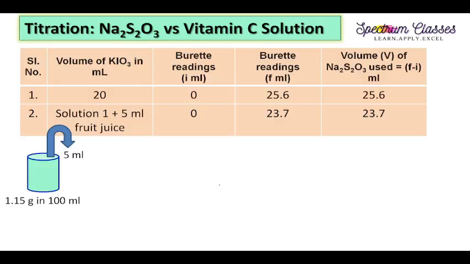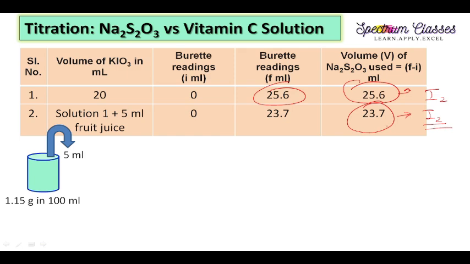I'm just going to show you here. In the first case, we have this much volume of sodium thiosulfate required to react with the iodine present in equation number 1. But in the second case, we require a smaller amount of sodium thiosulfate to react with the present iodine.